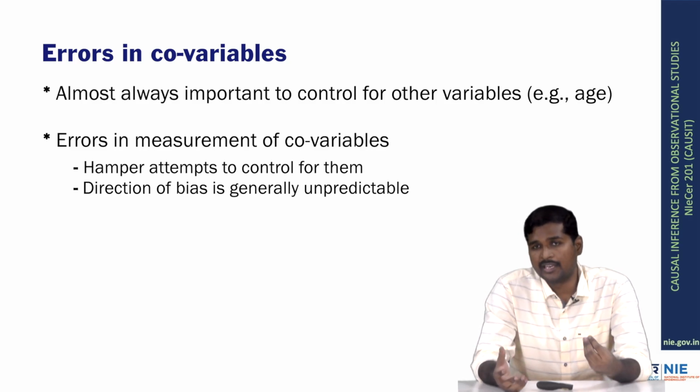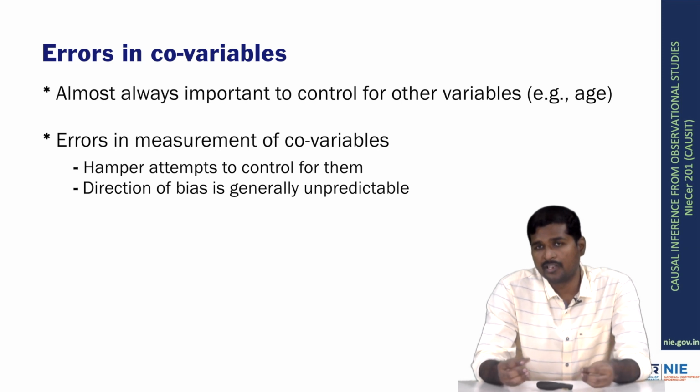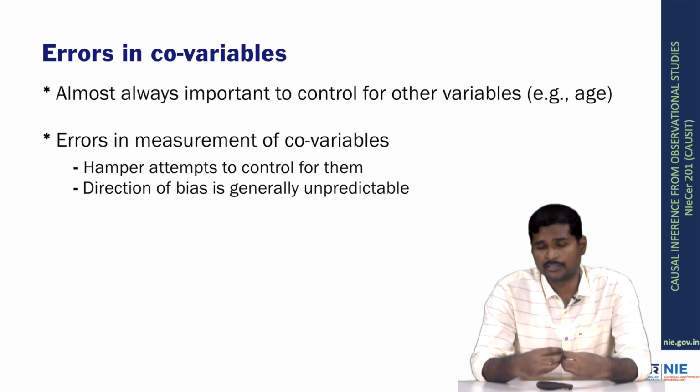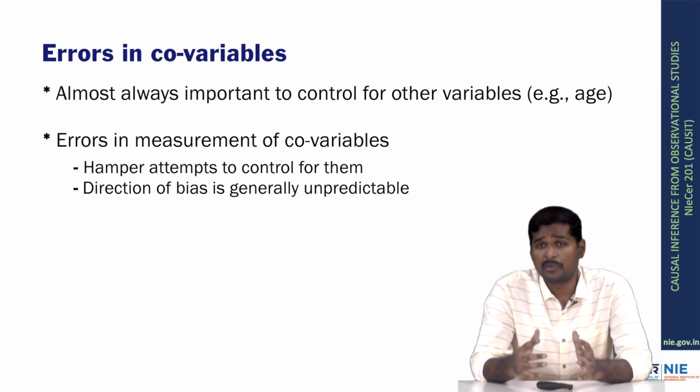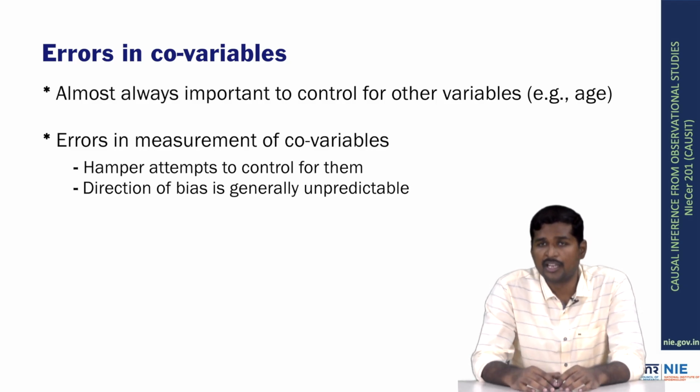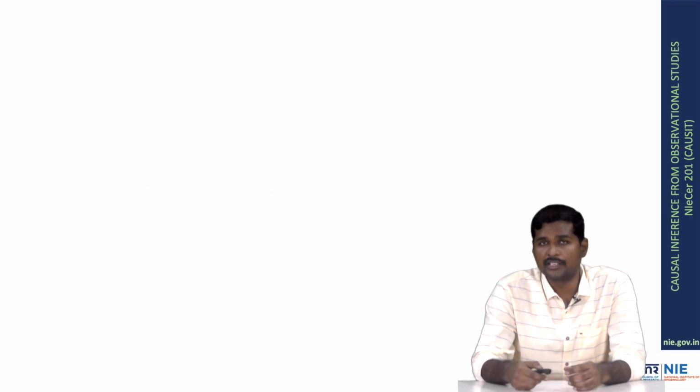You might be better at capturing age for one group of people as compared to the other group of people. You might be better at capturing age for women as compared to age for men. So there might be numerous ways in which errors can creep into the measurement of this particular variable, and therefore the direction of bias is generally unpredictable. This is the case when there are errors in measurement of covariates or covariables.